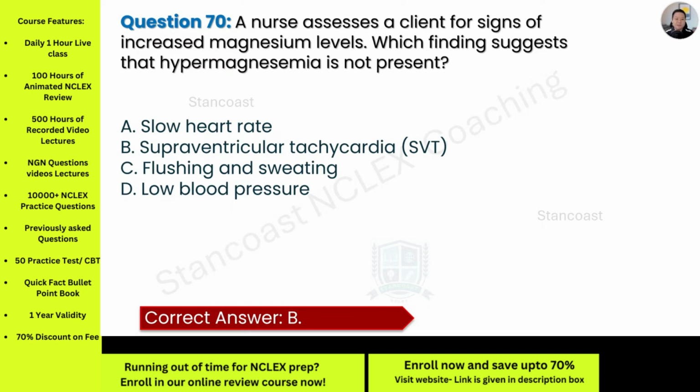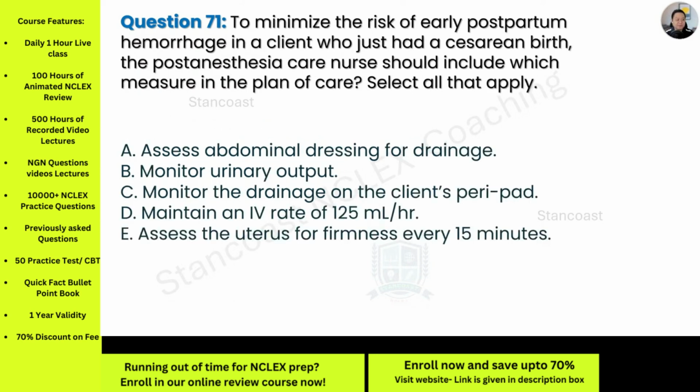Letter C is also incorrect, because flushing and sweating occur with high magnesium levels due to vasodilation. The same thing with letter D. Low blood pressure is a common symptom in hypermagnesemia. It's because of the vasodilation.